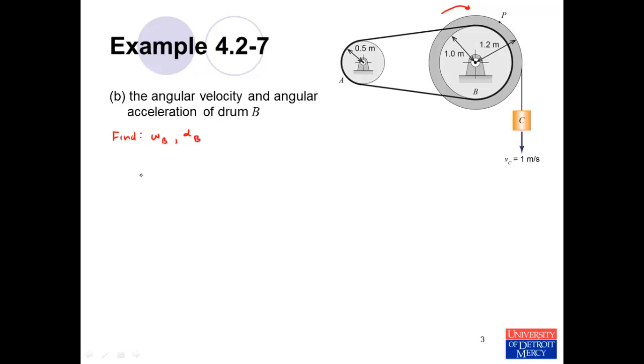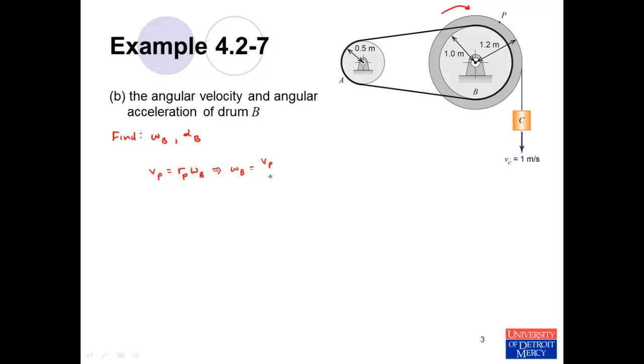So thinking back, the velocity of point P is equal to its radius times the angular velocity of the body, which is omega B. We know what the velocity is, we know what the radius is, so solving for the angular velocity of the body is simply a matter of dividing through by the radius.